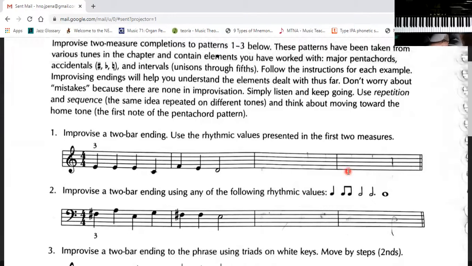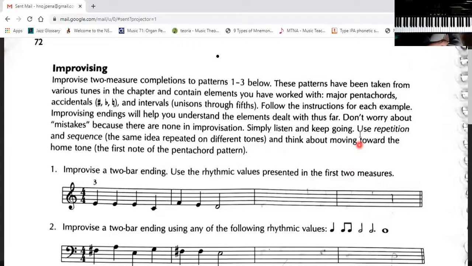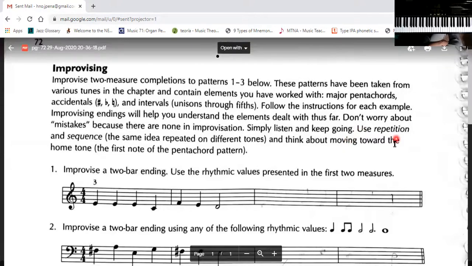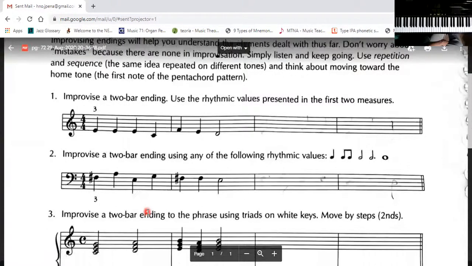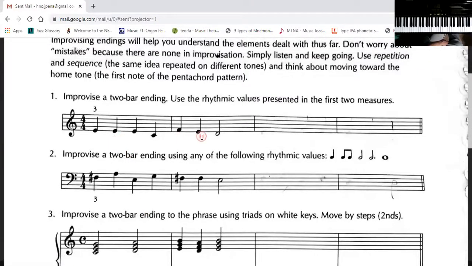In this improvisation exercise we're going to be using three techniques. The first one is called repetition. Repetition means we just repeat the same thing exactly as we had it before. Let's play these first two measures, and then give a repetition, repeating it exactly for the next two measures.